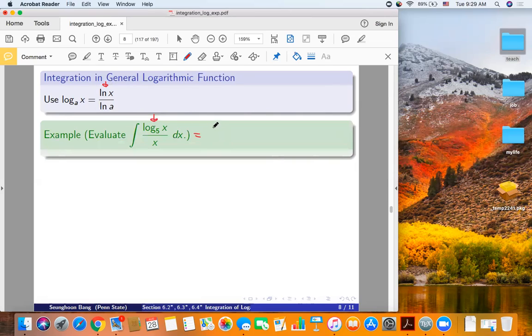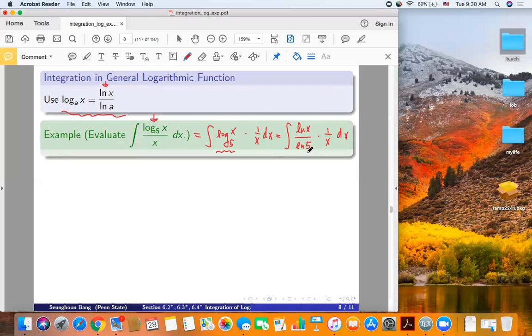This is the same as the integral of log of x with base 5 times 1 over x dx. This is the same as the integral where log of x with base 5 is changed like this: ln of x over ln of 5, times 1 over x dx.